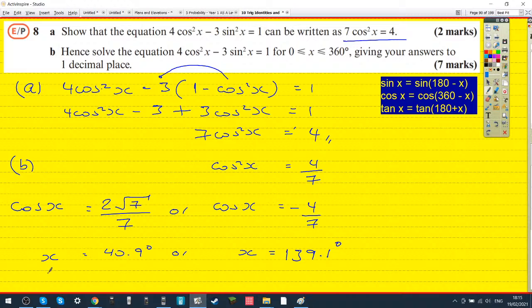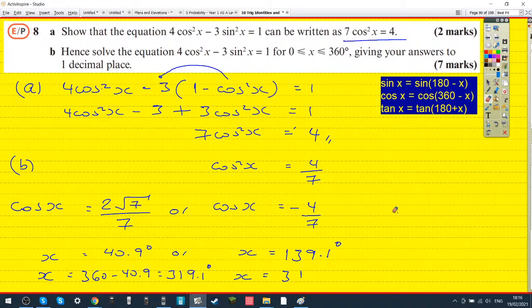Okay. 360 minus 40.9 is 319.1, and 360 minus 139.1 to get 220.9.